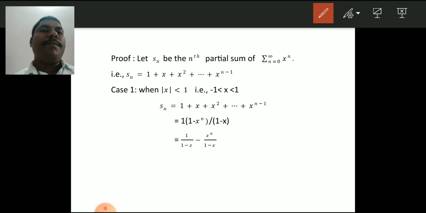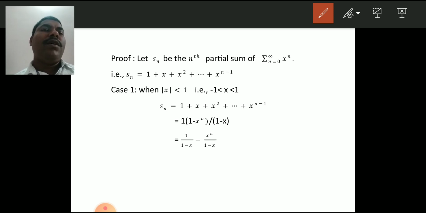Proof of this theorem. Let Sn be the nth partial sum of summation n equal to 0 to infinity x to n. That is equal to 1 plus x plus x square plus up to x raised to n minus 1.